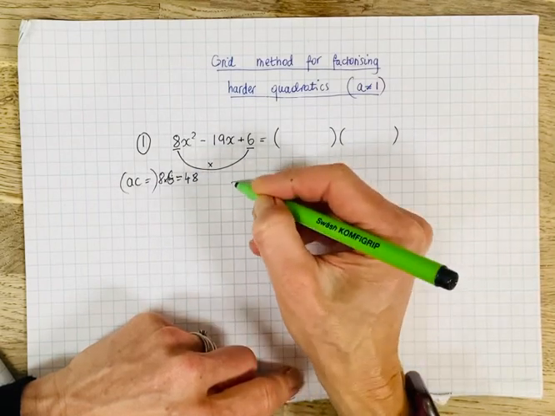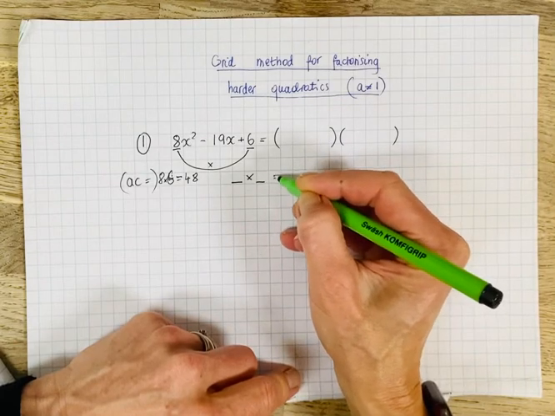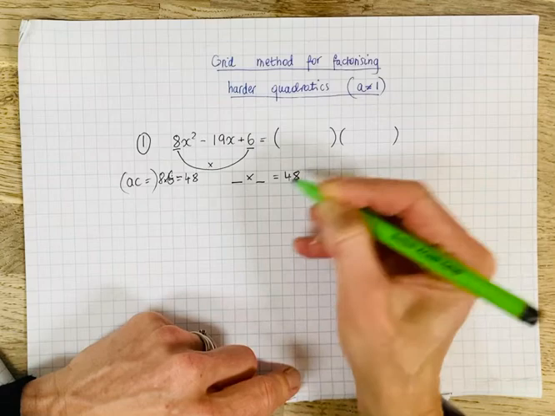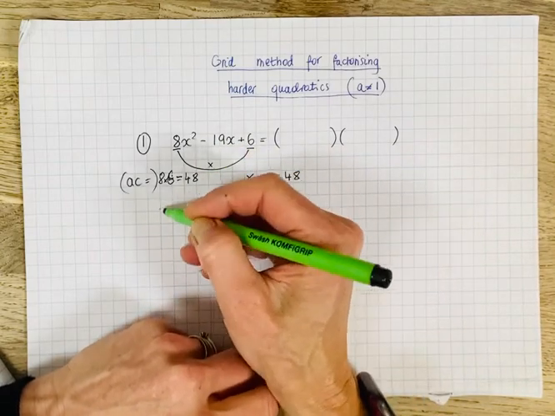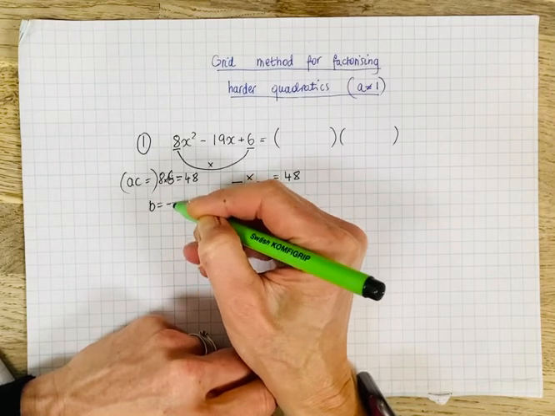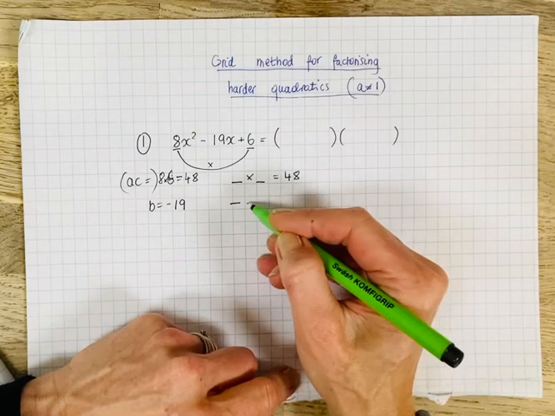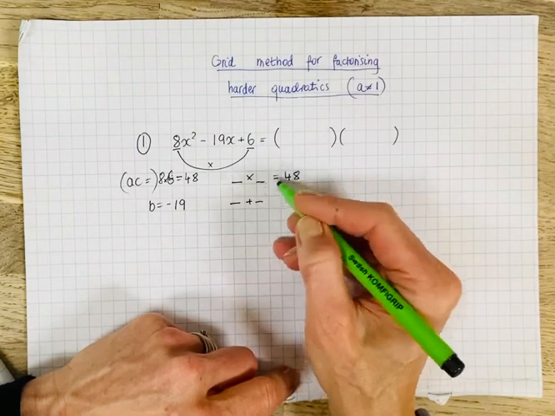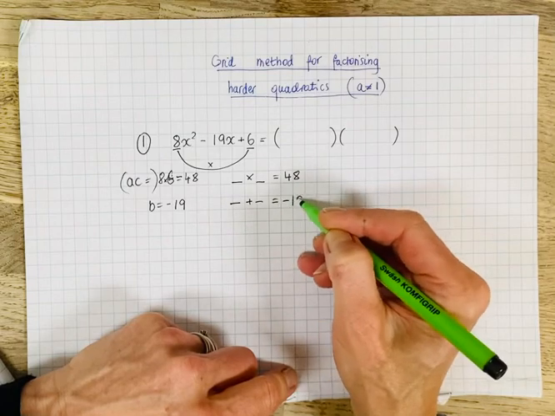Then you're going to look for two numbers that multiply together to give you the answer of 48. So it could be loads. But the coefficient of x is minus 19, so b is equal to minus 19. This is what those two numbers need to add up to. So those two numbers that multiply to give you 48 need to also add up to minus 19.